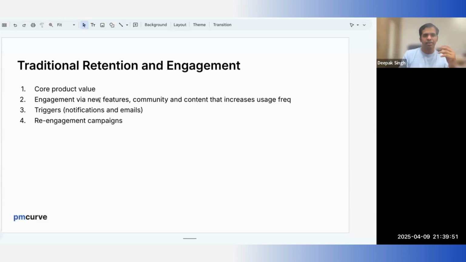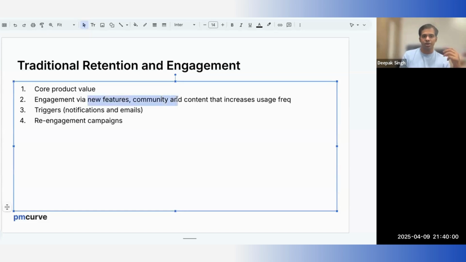And traditionally, the people working in retention and engagement have cared a lot about core product value, building new features, community, and content that can increase the usage frequency of the product, right? Usually the teams working in retention care about natural frequency, which means what is the natural behavior of the user?